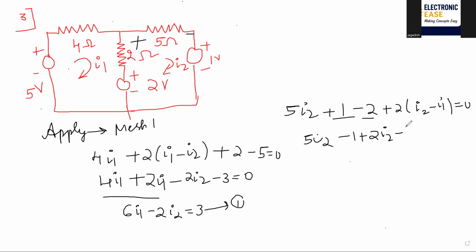Plus 2I2 minus 2I1 is equal to 0. So 5I2 plus 2I2 is 7I2, minus 2I1, so minus 2I1 plus 7I2 is equal to 1.